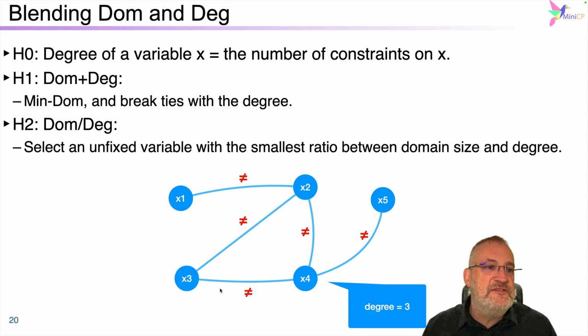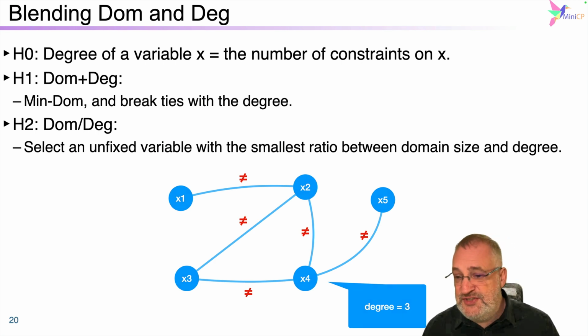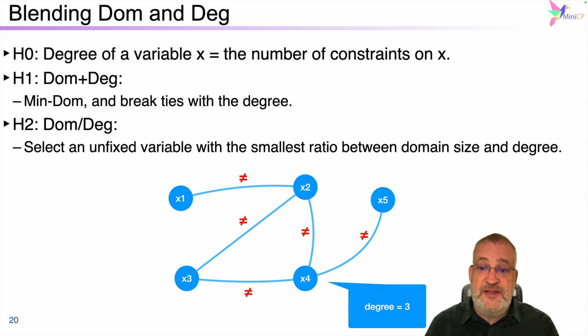Now, the idea of h1 and h2 are basically to take the best of both worlds. We've seen that selecting variables that have the smallest domain is a good idea. We've seen now that fixing variables that have a high degree is a good idea. So what could we do? h1 is blending the two by saying, well, first we'll go by variable that have the smallest domain.